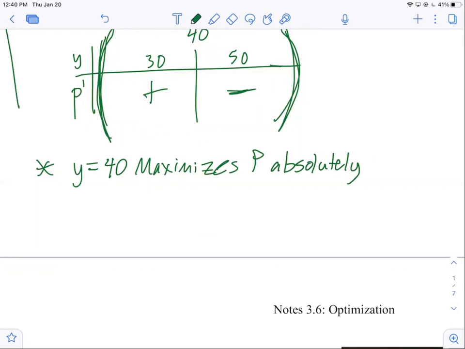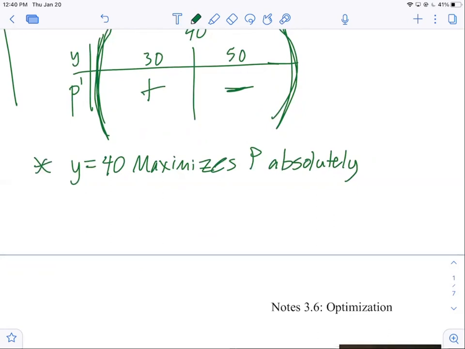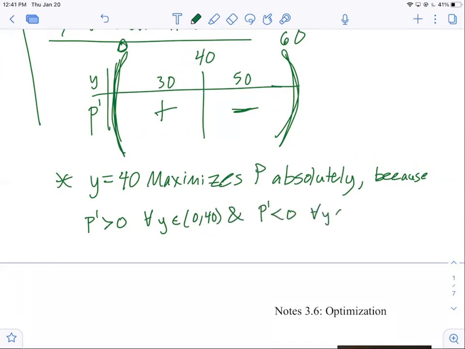Absolutely. And then you would say, because, and here's the phrasing, because p prime is greater than 0 for all y on the interval from 0 to 40, and p prime is less than 0 for all y on the interval from 40 to 60. Boom.